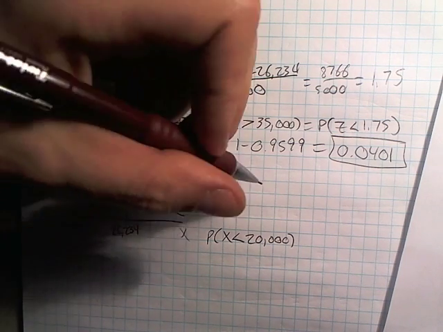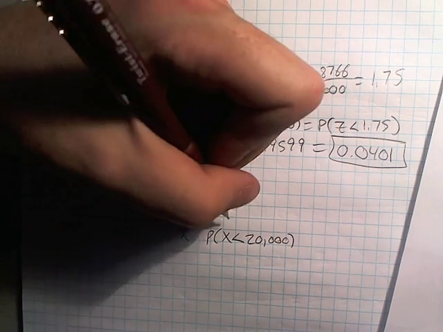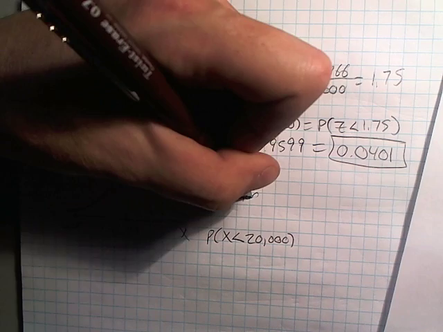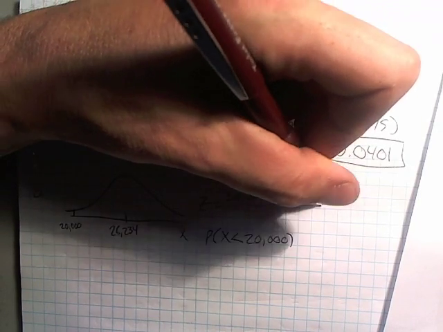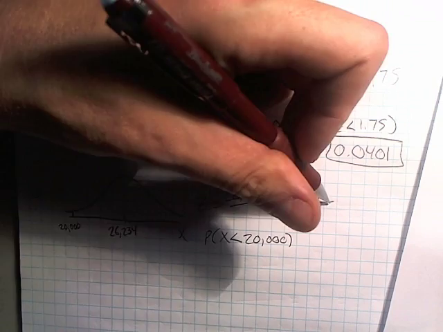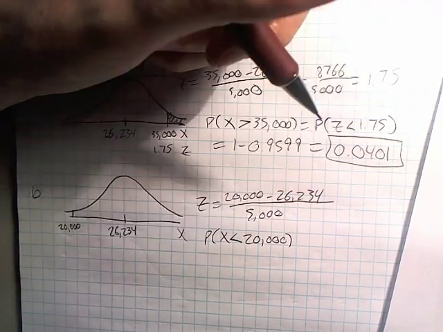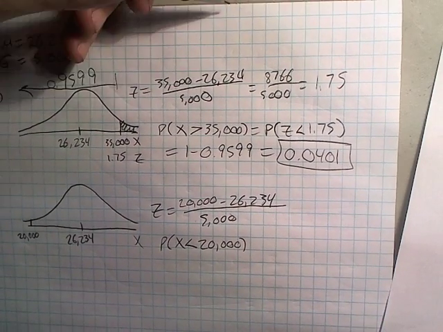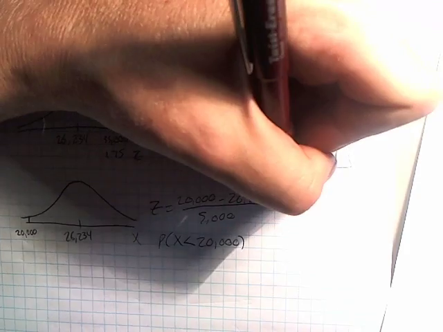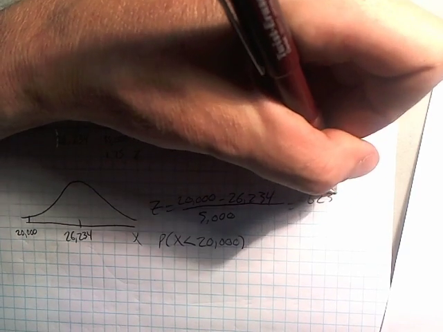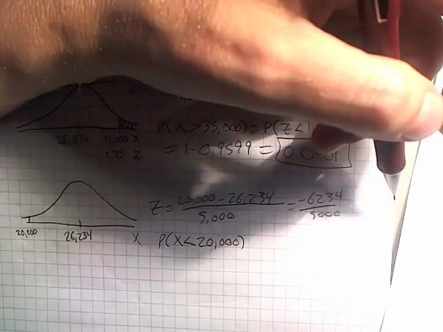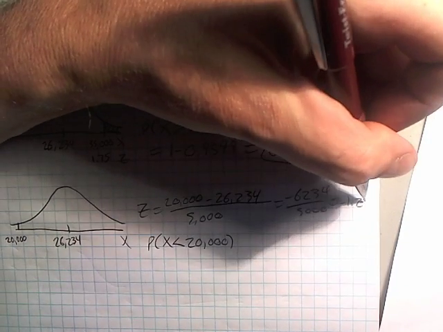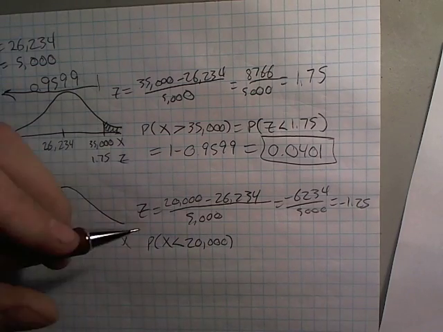So what we're going to do now is convert that over to a z value. Z is equal to 20,000 minus 26,234 divided by the standard deviation, 5,000. In solving this, we get negative 6,234 divided by 5,000, which is equal to negative 1.25.